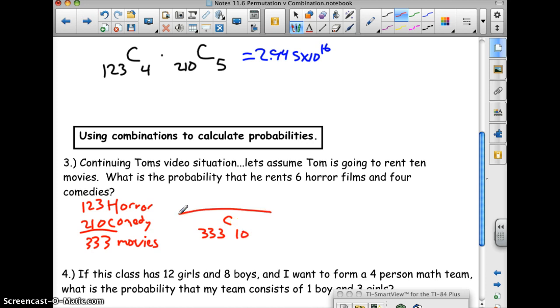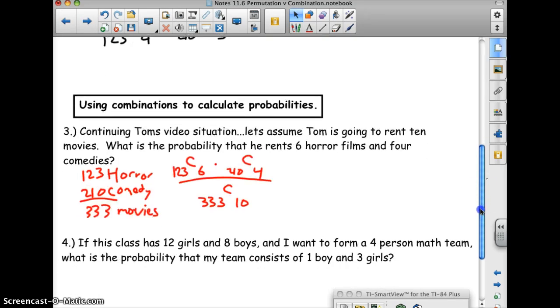That's the total number of ways he can pick 10 movies. But I want him to rent 6 horror films, which is 123C6, and then times 210C, and he's choosing 4 comedies. Okay, here we go. That's the expression there. That's what that's going to be equal to.